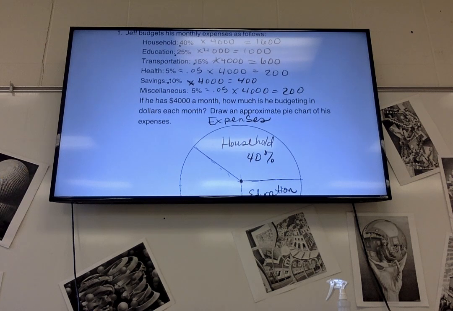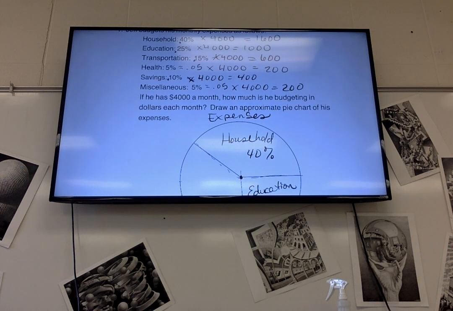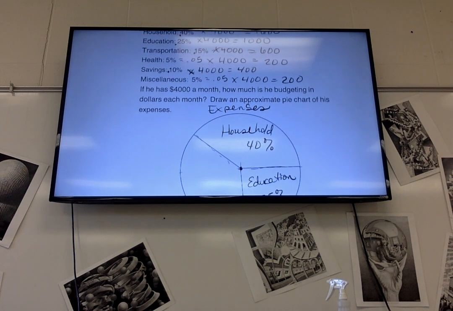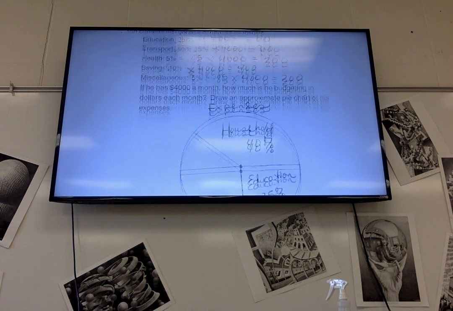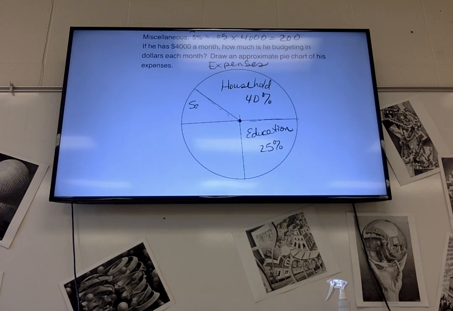And then 10% should make this 50% total, half of it up there. So the one that was 10% was savings.